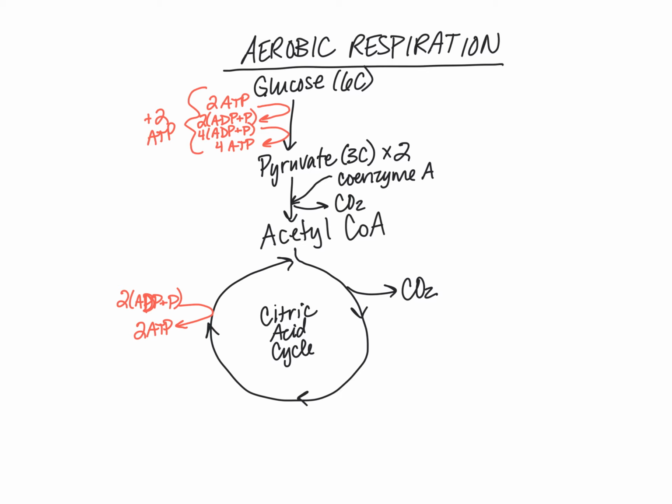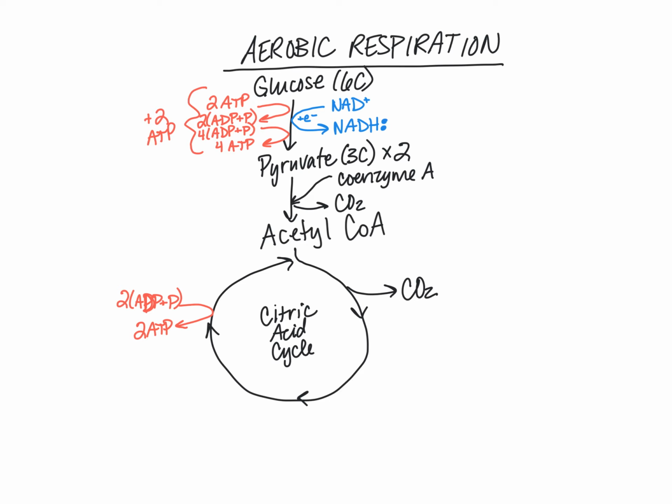Now, in addition to rearranging these carbons and making ATP, we're also doing the redox reactions with our electron carriers. So during glycolysis, NAD plus goes into the reactions where it picks up electrons in order to form NADH.